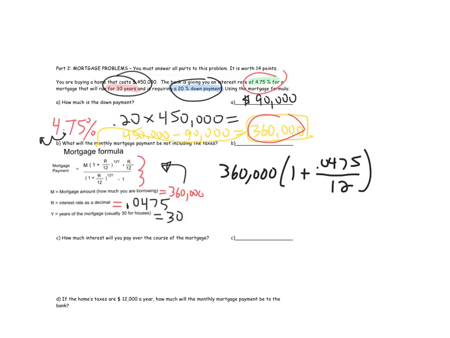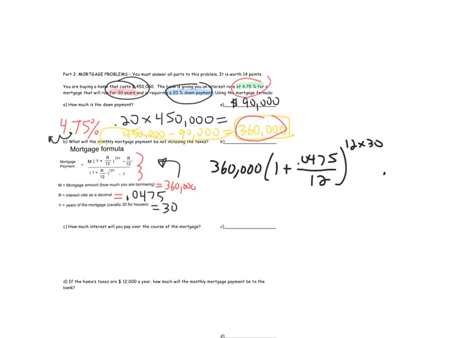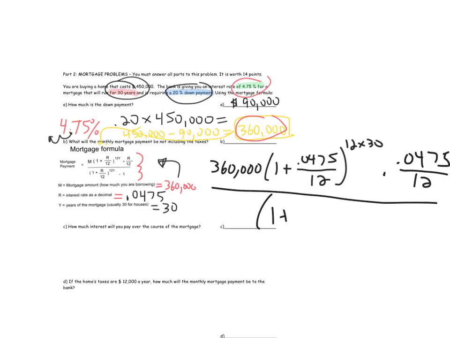Raised to the 12 times Y power, that's 12 times 30th power, times another R over 12. So we have to multiply again by 0.0475 over 12. All divided by, again, the 1 plus 0.0475 over 12, raised to the 12 times Y, 12 times 30th power.